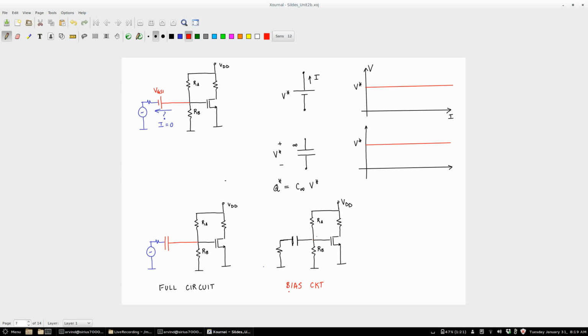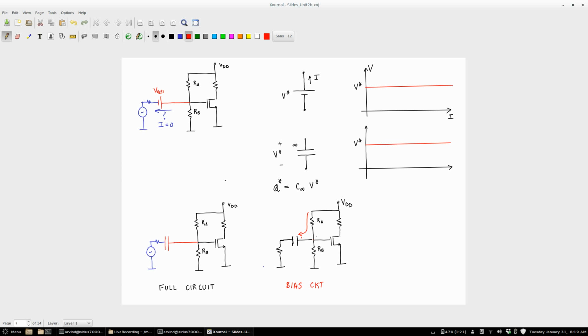What will happen here in the circuit? Is this DC? So for all practical purposes, in DC analysis the capacitor is removed, correct? That's one way of looking at it. This is your bias circuit. Another way of looking at it is that you're going to have DC current.